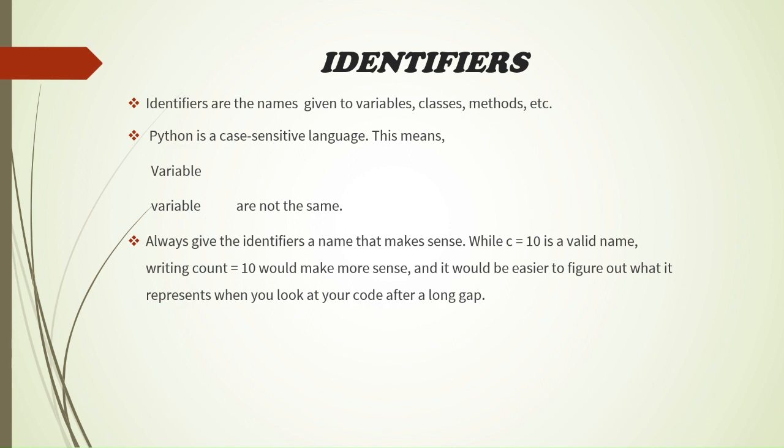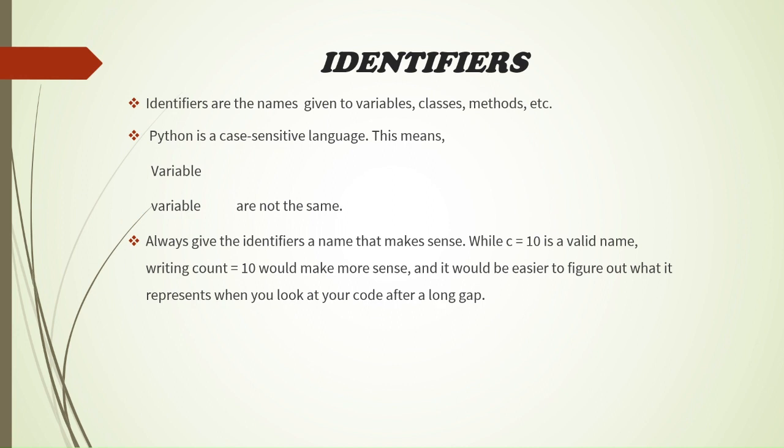The next topic, identifiers. Identifiers are the names given to variables, classes, methods, etc. Python is a case-sensitive language. This means variable with a capital V and variable with a small v are not the same.